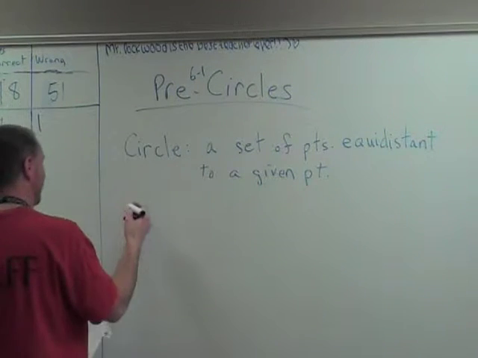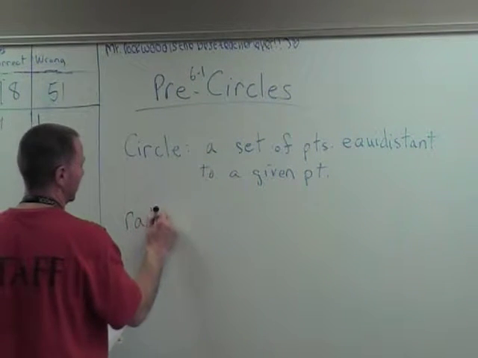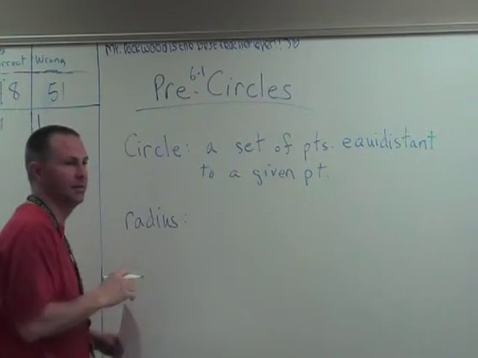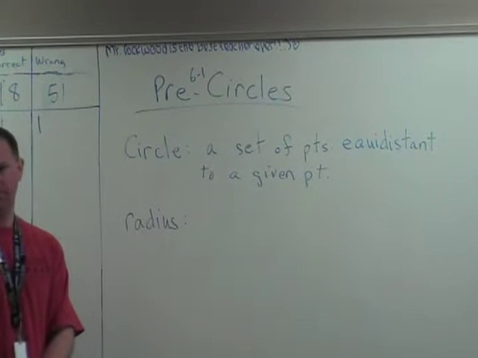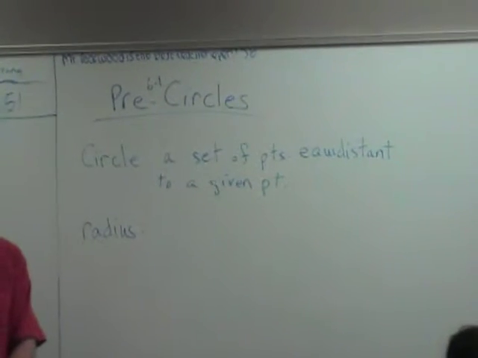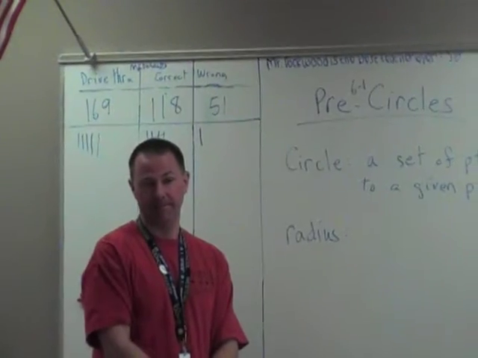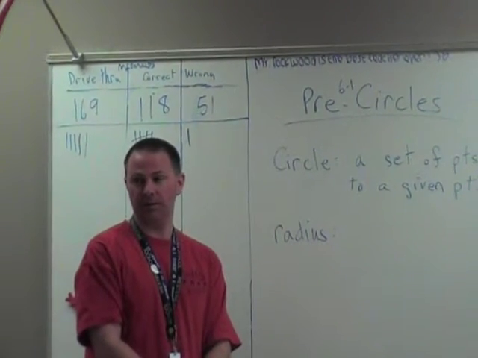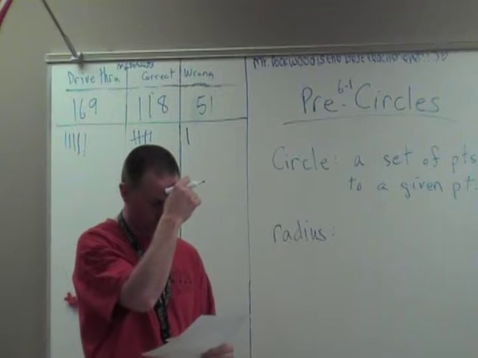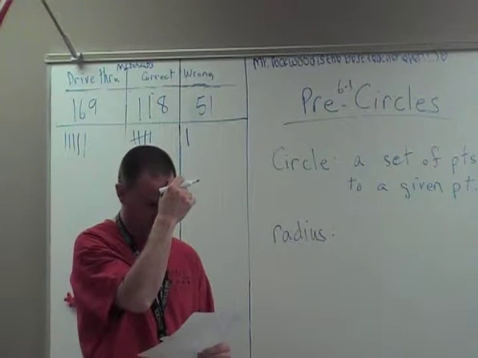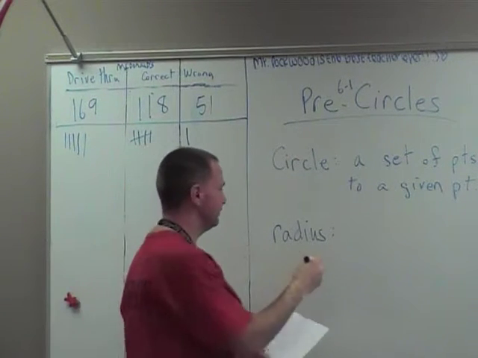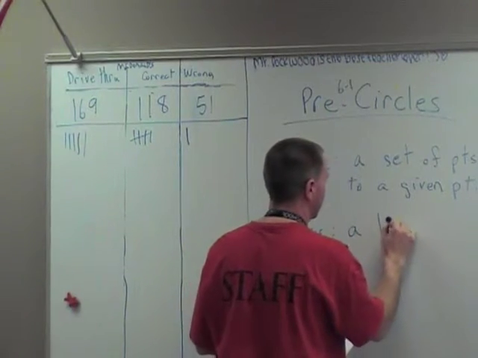All right, radius. You can tell me what a radius is. The measurement of the inside of the circle. A little more specific. Half of the distance from the middle of the circle. How about this?